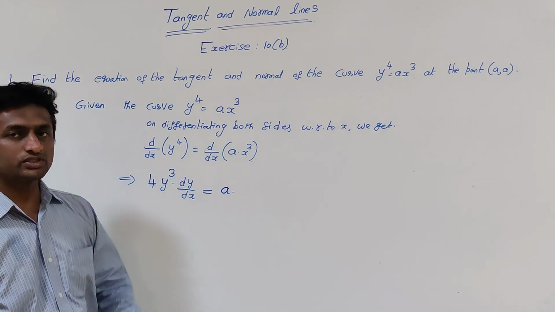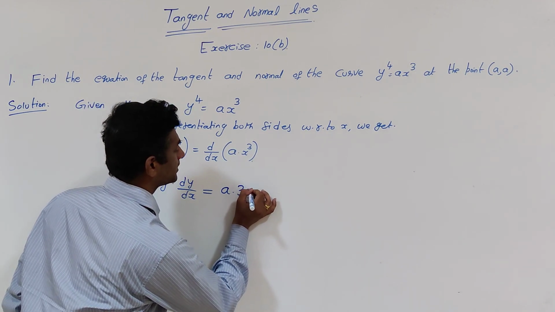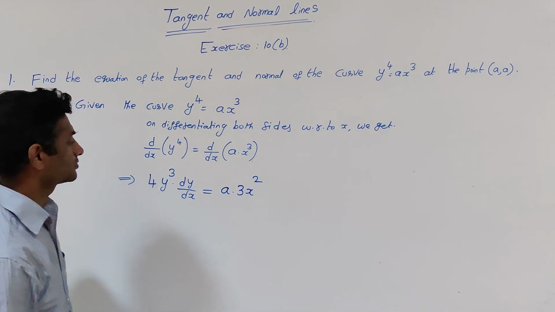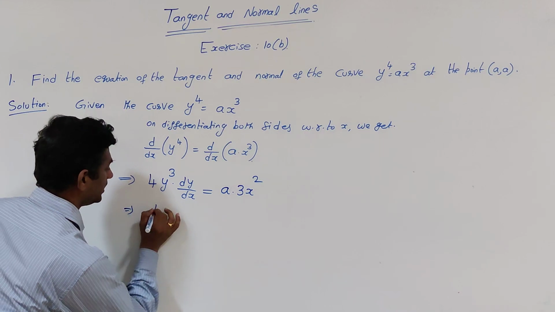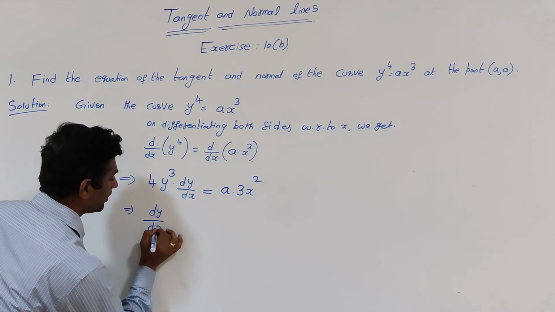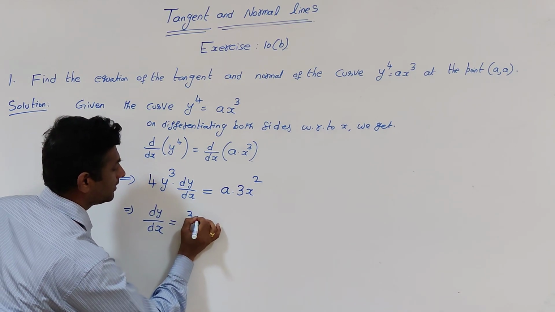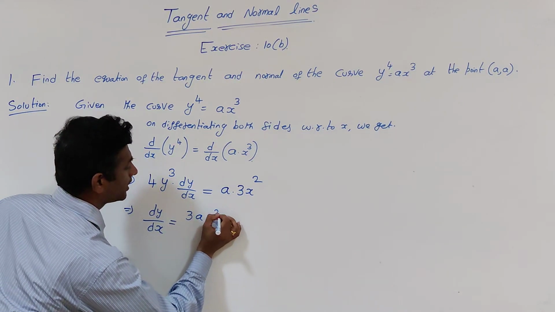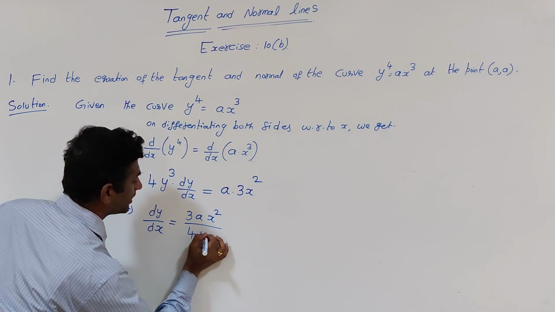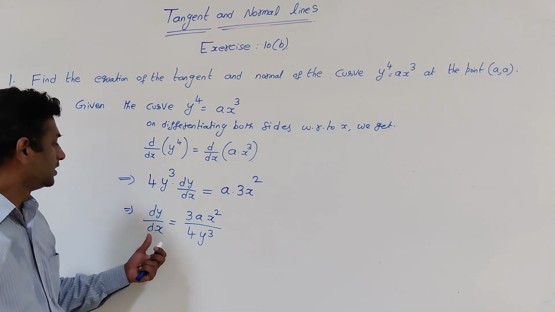And the derivative of x cube is 3x square. Now dy by dx from this is 3ax square by 4y cube. So this is the derivative.